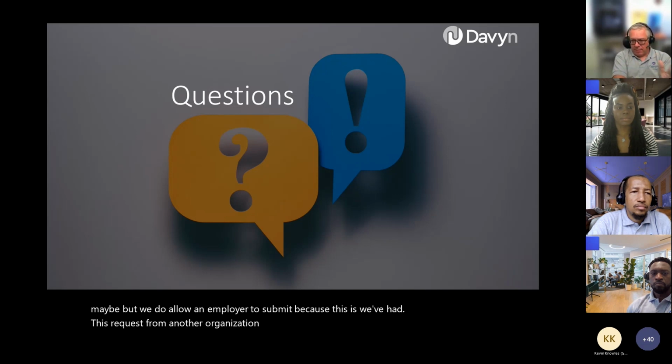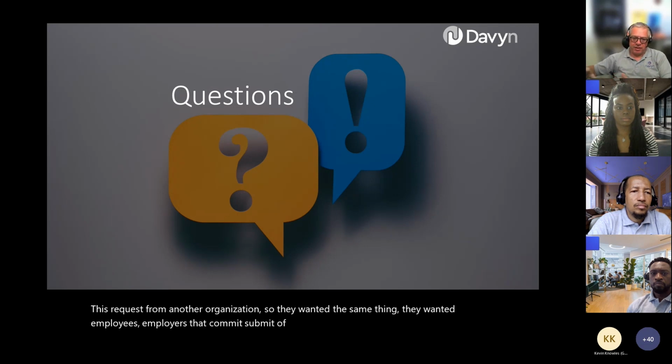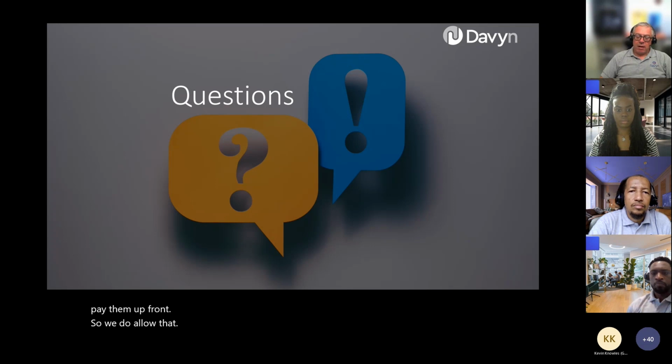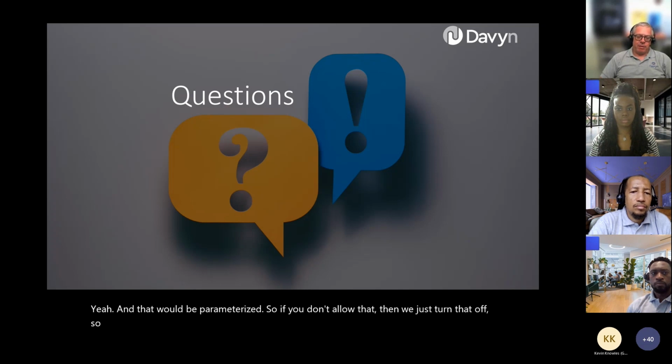They wanted employers to submit a year of statements in advance and pay them up front. So we do allow that. Thank you. And that would be parameterized, so if you don't allow that, then we just turn that off, and people can't submit statements into the future.